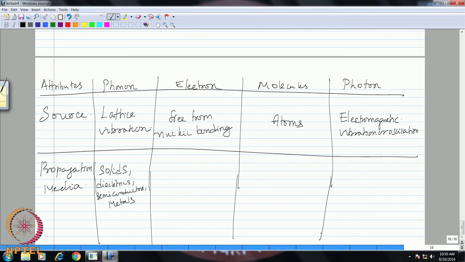Electrons, and you have molecules, liquids or gases. And what about photons? You do not actually need a medium for transport. Either in vacuum or in any participating media.